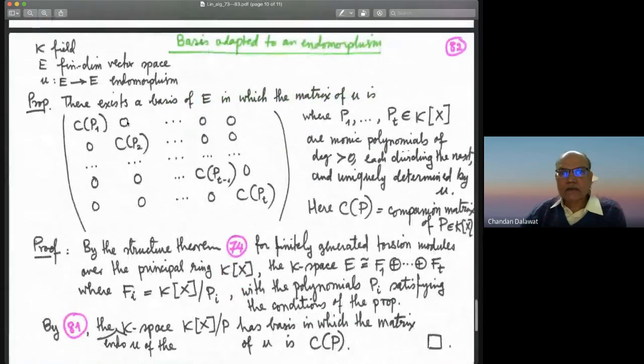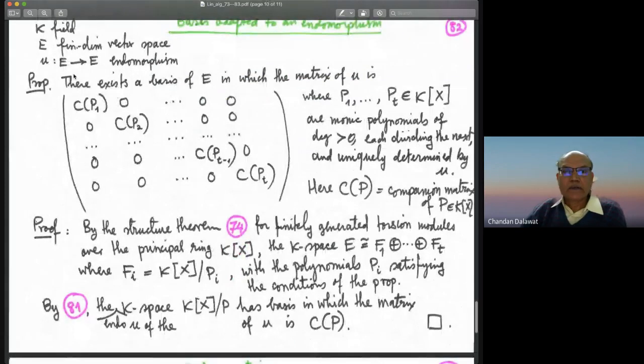So this says that if I'm given an endomorphism U, then I can choose a basis in which the matrix looks like this, where these C_Pi are the companion matrices of certain polynomials Pi, and there are t of them, monic, strictly positive degree, each dividing the next, and they're completely determined by U. That follows from the structure theorem for finitely generated torsion modules over this principal ring K[X].